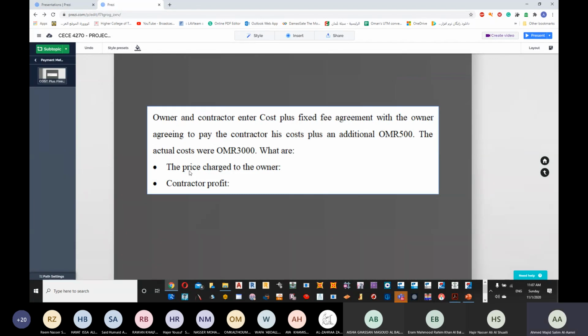In this scenario, if the actual cost became 10,000, how much is the profit? The profit will not change. It will remain 500. Is it clear why this is a good method for me as an owner and not that good a method for a contractor?